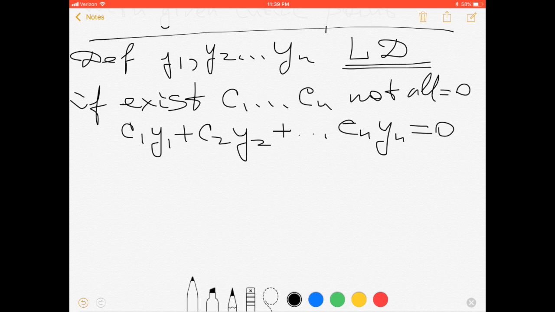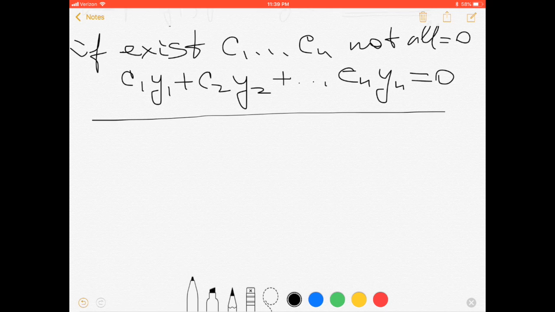What does it mean for functions to be linearly independent? This means these coefficients do not exist. This means the combination of these functions equals 0 only if all of c1, c2, ..., cn equal 0.